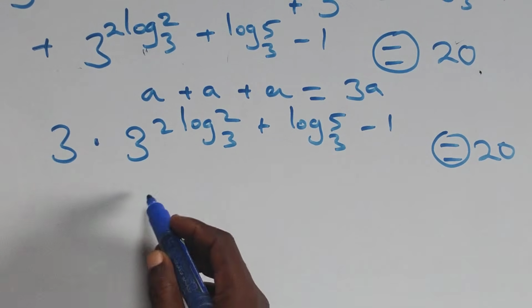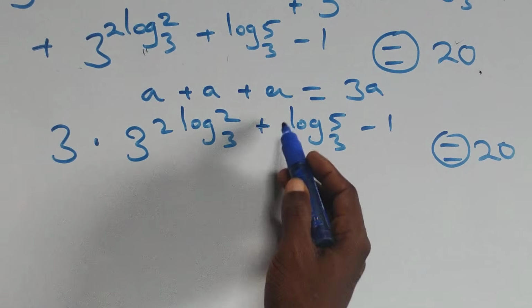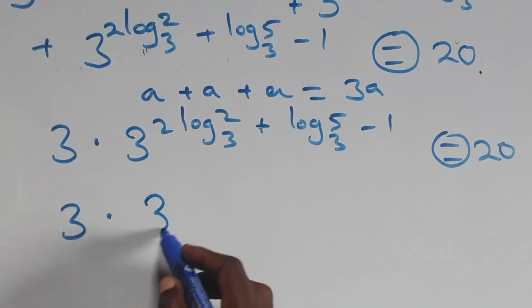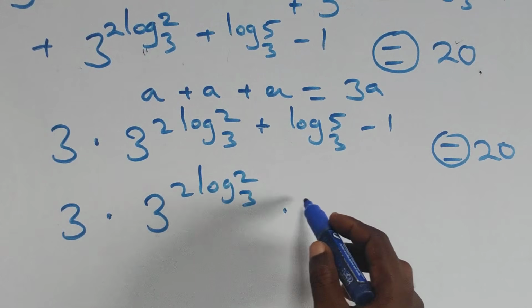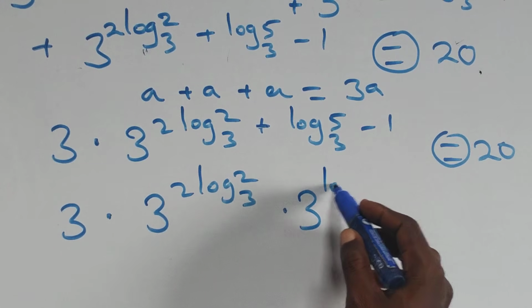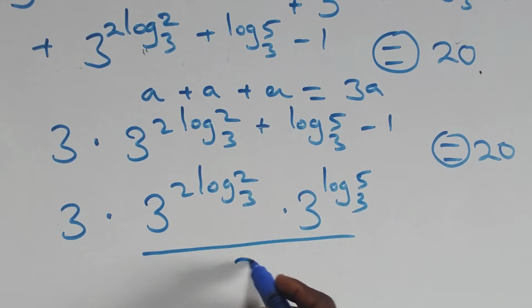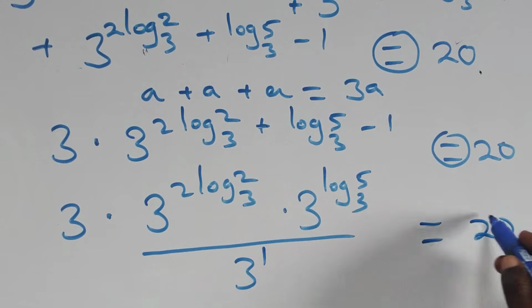So applying the law of indices here, we combine addition and subtraction. So we can separate this and we have 3 times 3 raised to power 2 log 2 base 3 times 3 raised to power log 5 base 3 divided by 3 raised to power 1. Is it equal to 20 on this side?